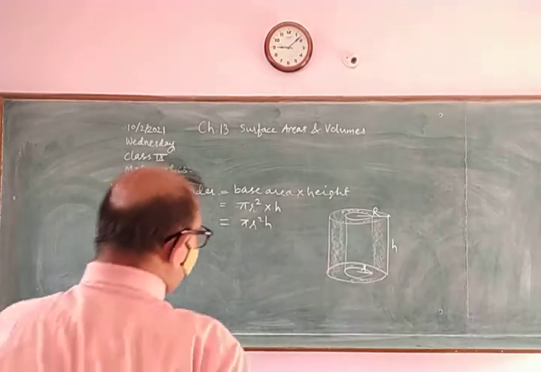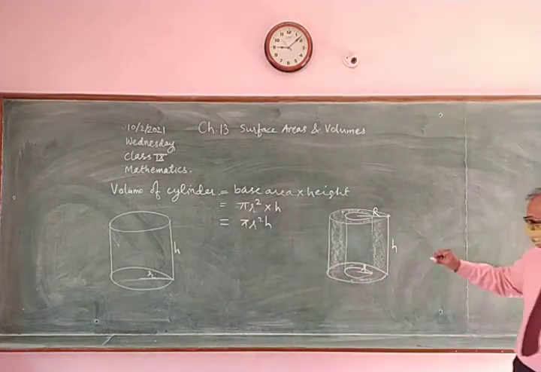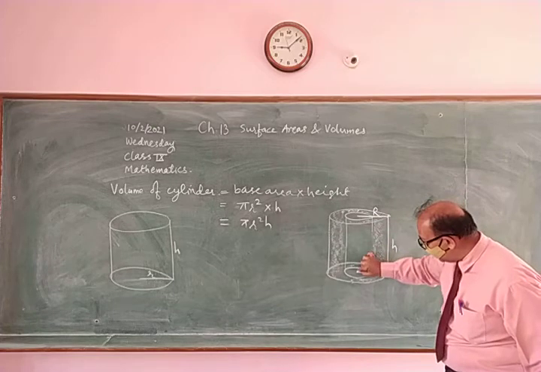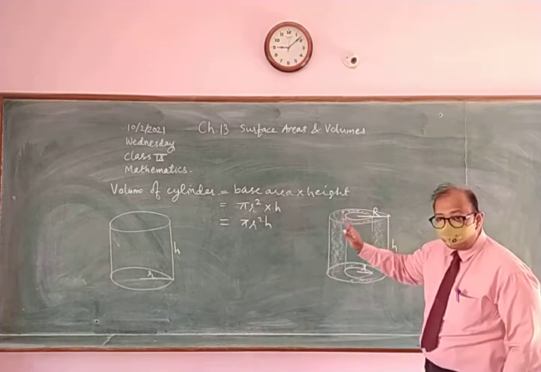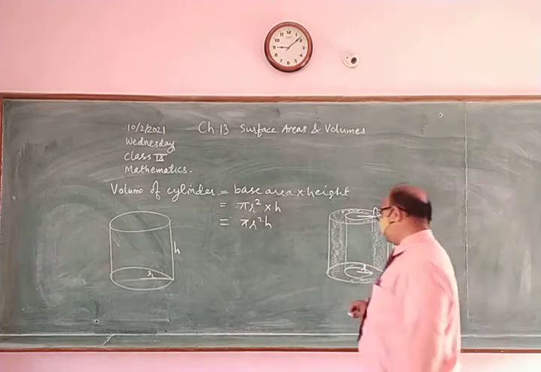now to find the volume of the thickness, this is the outer radius, this is the inner radius. What we do? We subtract the volume of outer cylinder minus volume of inner cylinder.